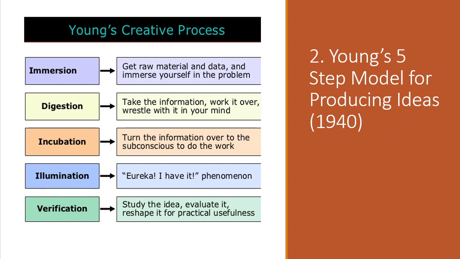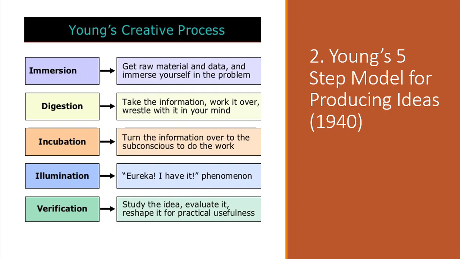Second model is Young's 5-step model for producing ideas. This is proposed in 1940. Okay, it came later after Wallace's idea. Young's creative process is based on 5 phases. Previously Wallace we have 4: preparation, incubation, illumination, and implementation or verification.